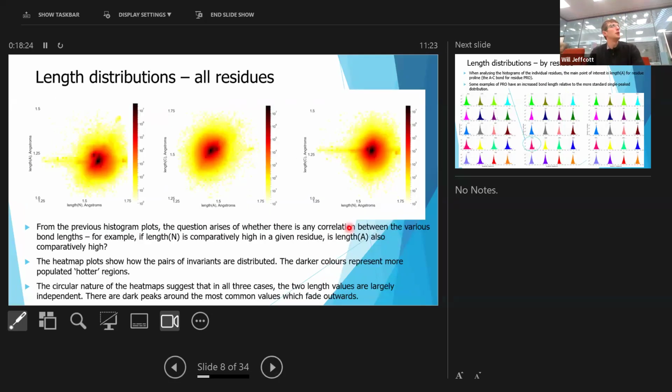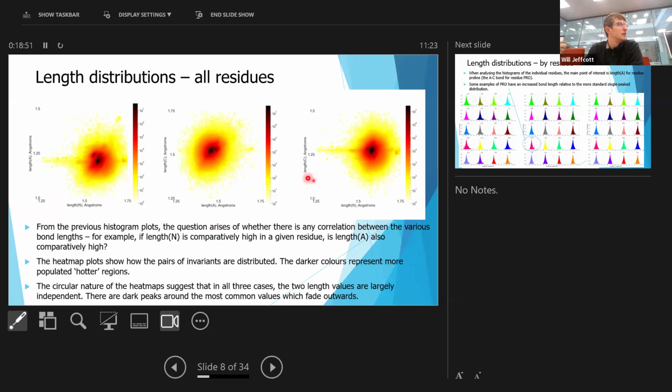And then we can go on to plot these heat map charts. For the previous histogram plots, we might ask whether there is any correlation between the various bond lengths. For example, if we had an uncharacteristically high length N in one plot, are we seeing that in the other lengths?